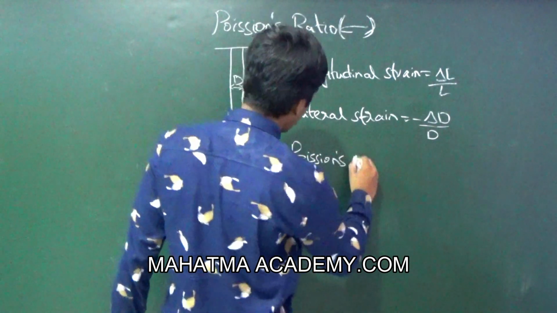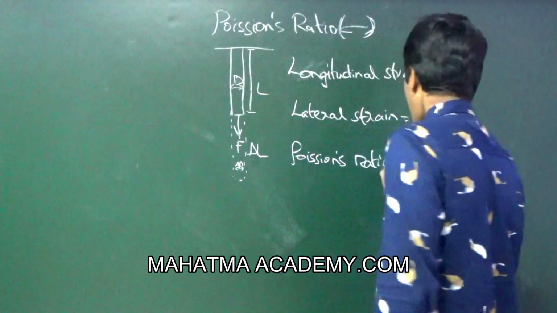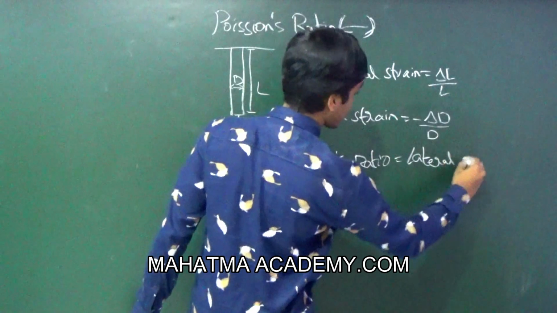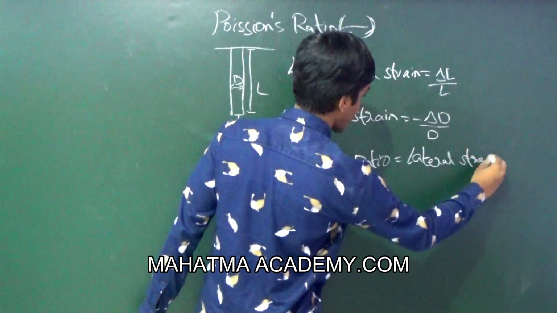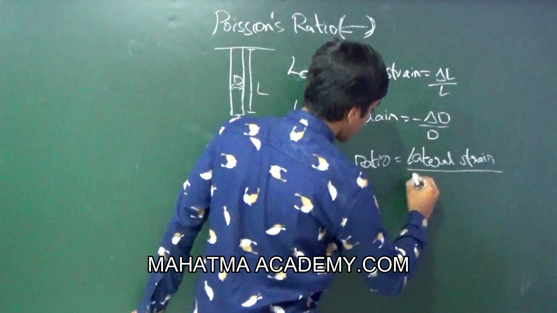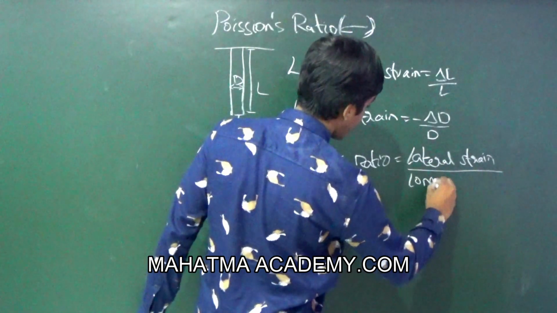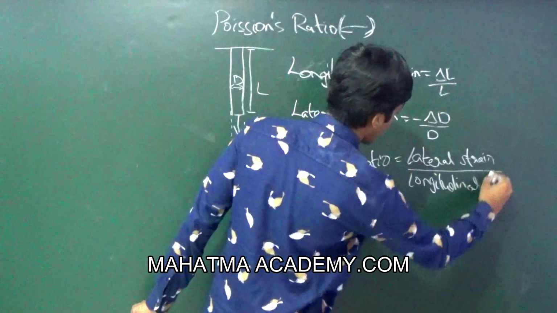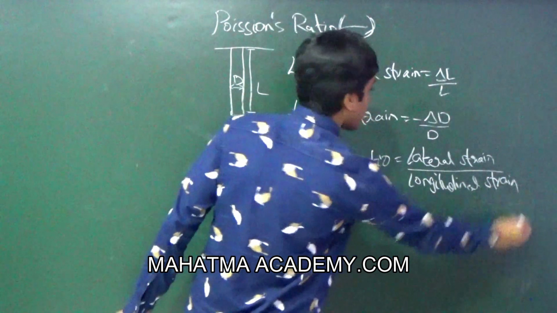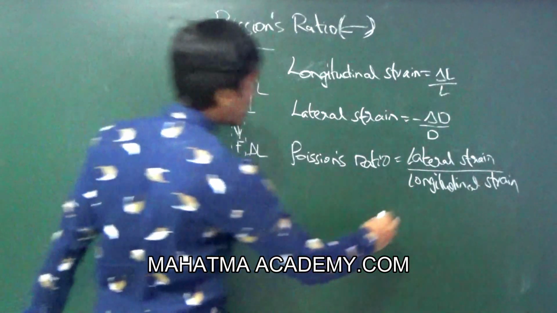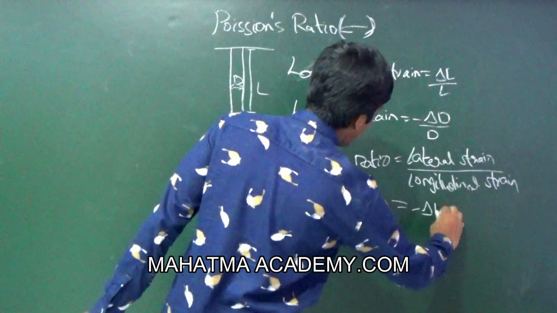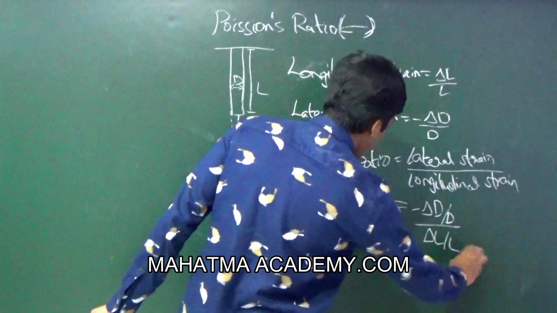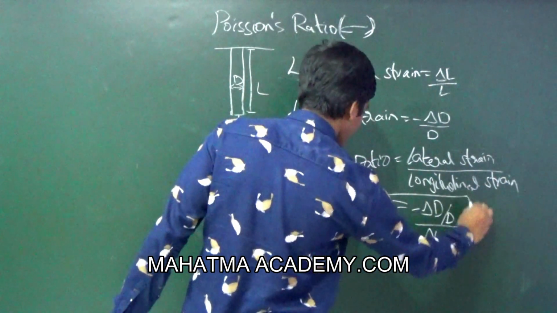Poisson's ratio is lateral strain upon longitudinal strain. Okay. Now we will substitute the values. Minus delta D upon D upon delta L upon L is sigma.